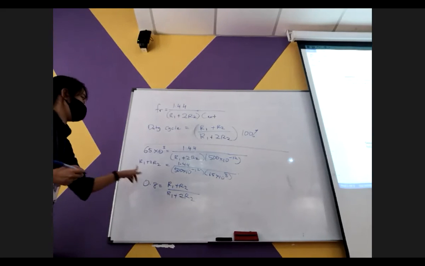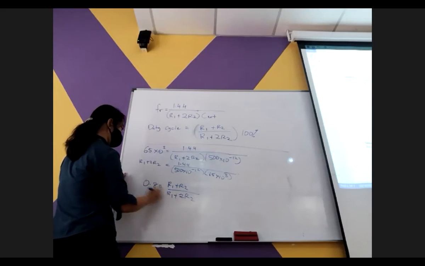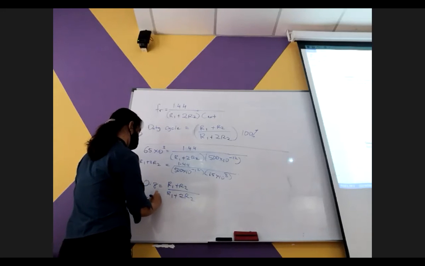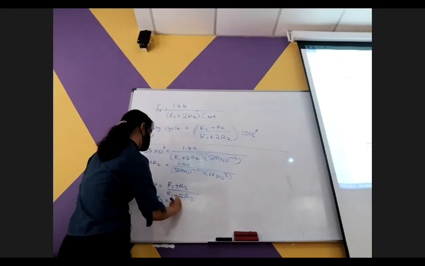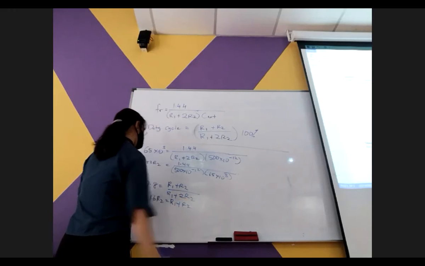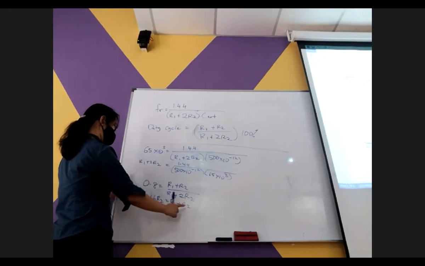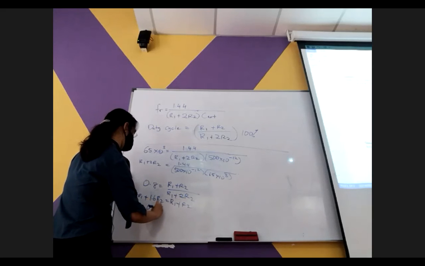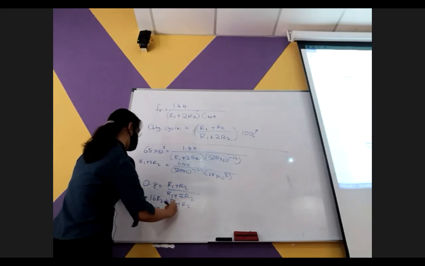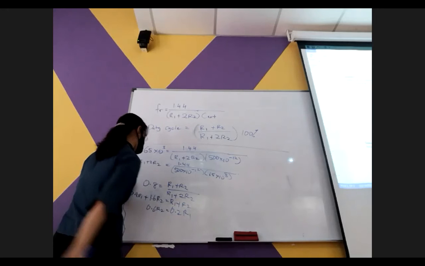Okay. Times up: 0.8 R1 plus 1.6 R2 equals R1 plus R2. 1.6 minus 1 gives 0.6 R2 equals 0.2 R1.